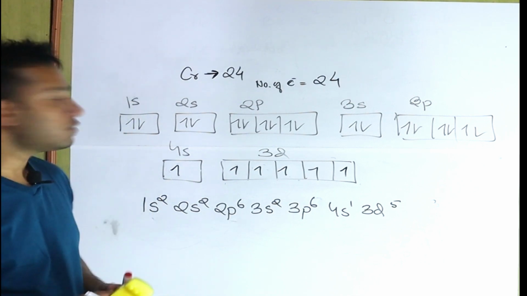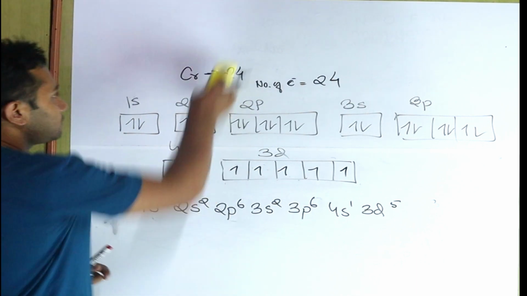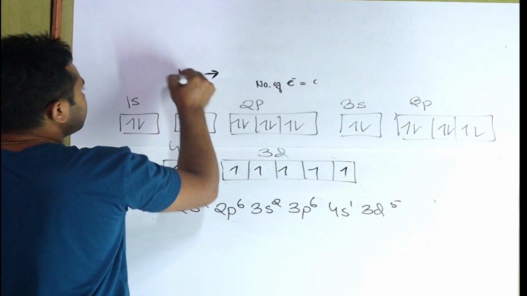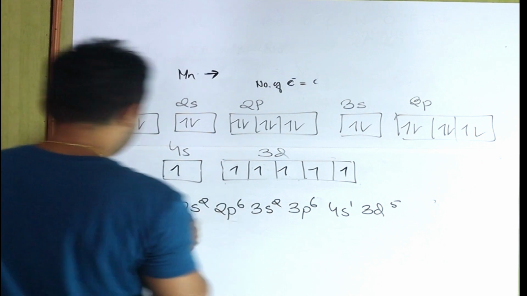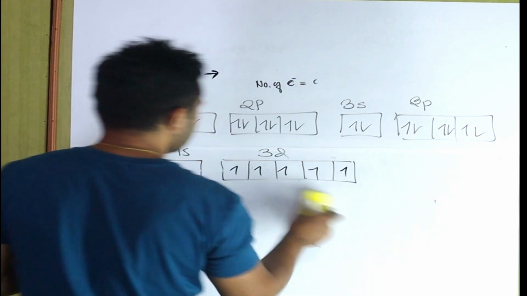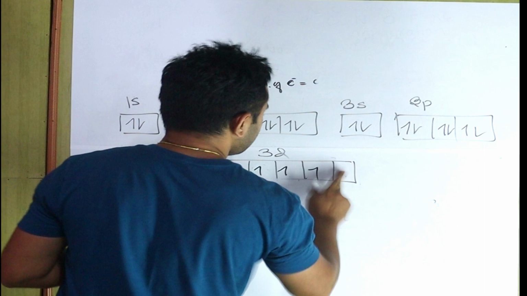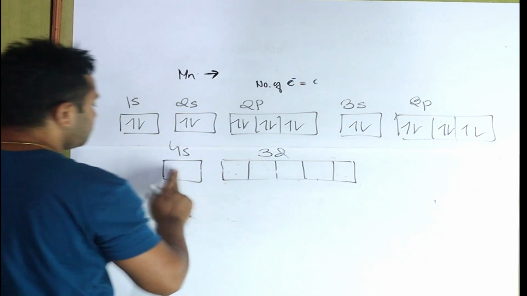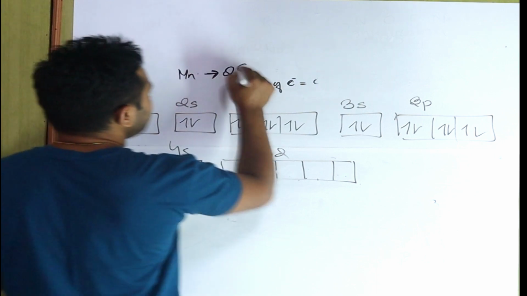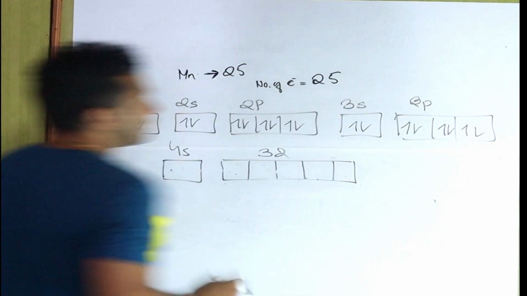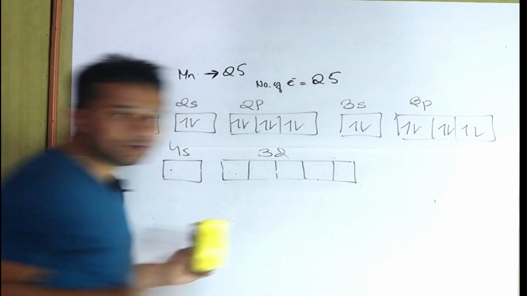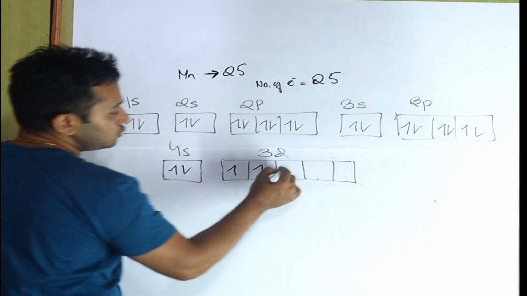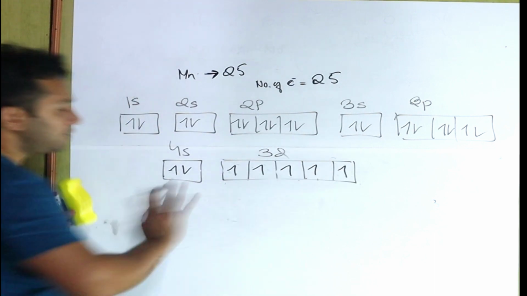So now we will try for atomic number 25, manganese, right? Atomic number 25, so the number of electrons is 25. Here I have already filled 18 electrons. So now 18, 19, 20, 21, 22, 23, 24, 25.